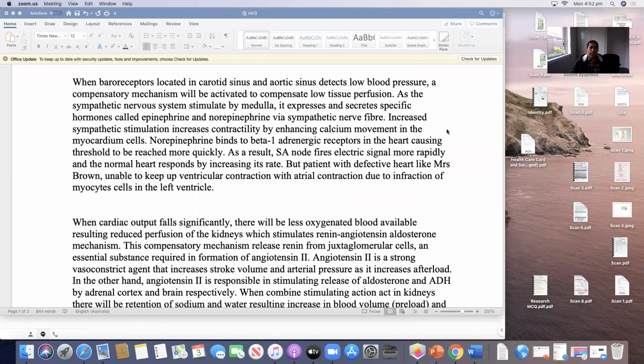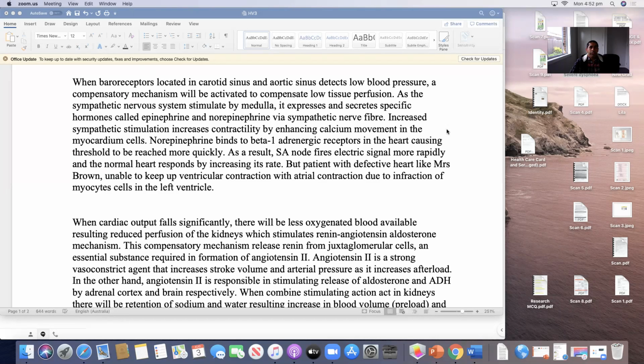As the sympathetic nervous system is stimulated by the medulla, it secretes specific hormones called epinephrine and norepinephrine via sympathetic nerve fibers. Increased sympathetic stimulation increases contractility by inducing calcium movement in the myocardium cell.